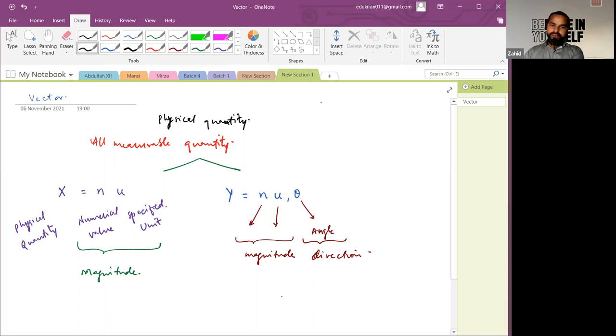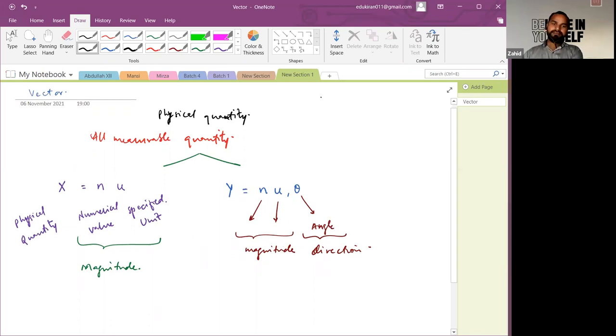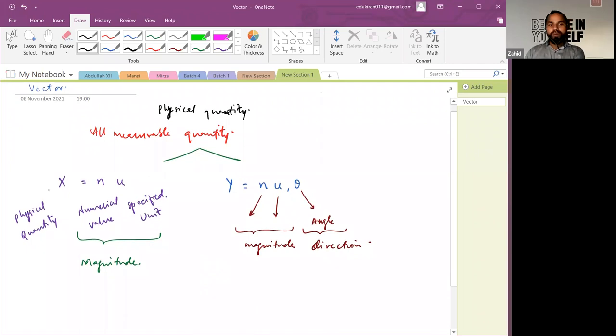Okay. So from this, you'll conclude x is a quantity which has only magnitude, so this will be termed as scalar. And y is another quantity which has both magnitude as well as direction, so we call it a vector.